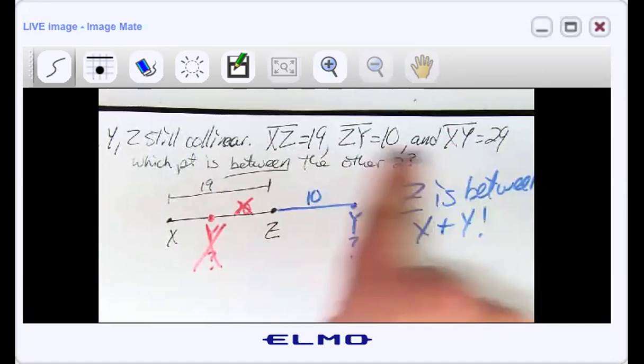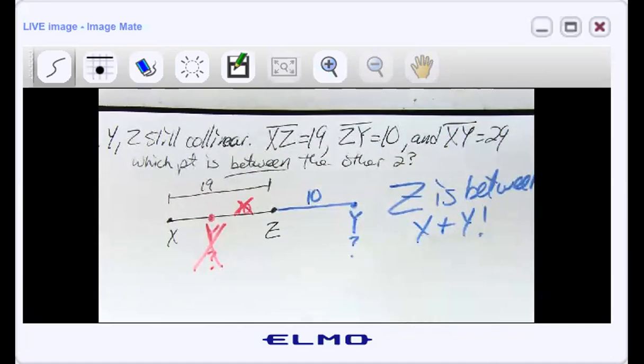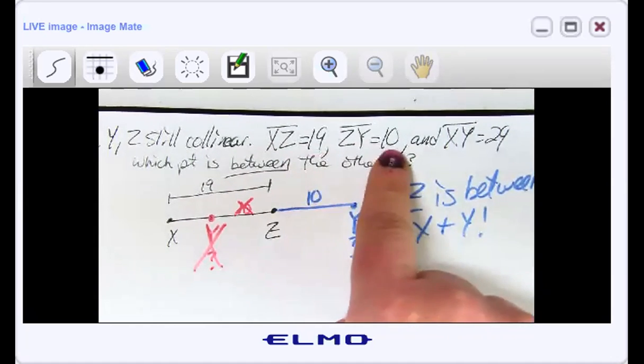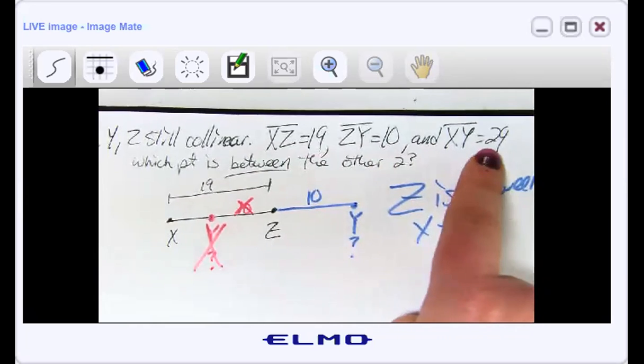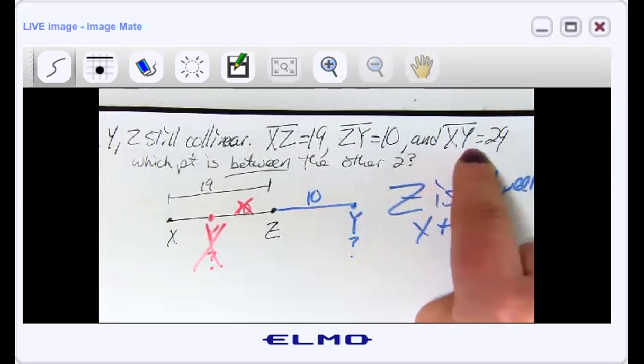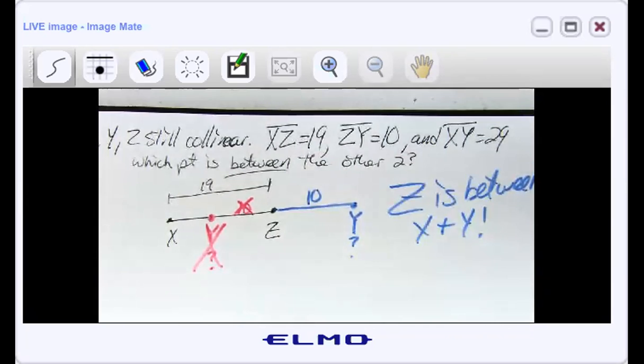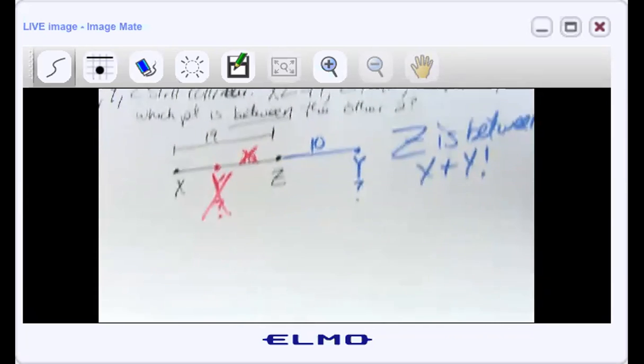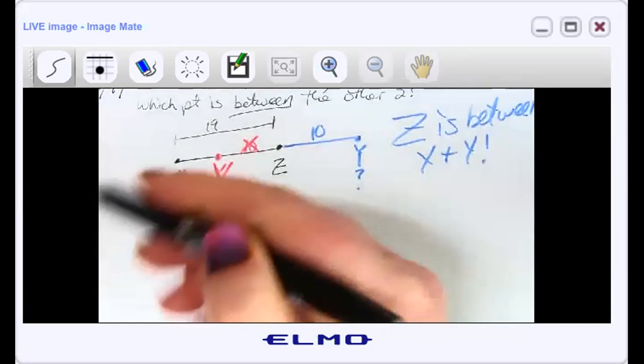I could mix these 3 up. It doesn't matter. You just want to look at the numbers and look for who's the biggest, in this case 29, and then the letter that's not in there has to be the one that's in the middle, because these are the ends. So we can add this in words as best I can.